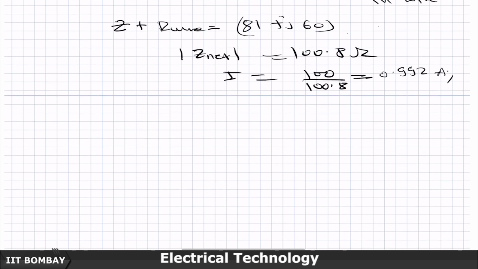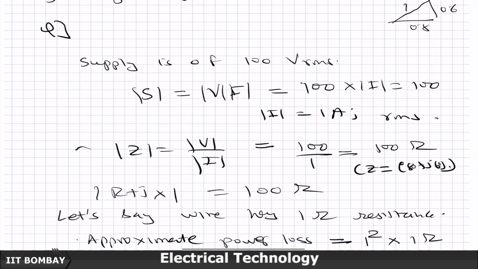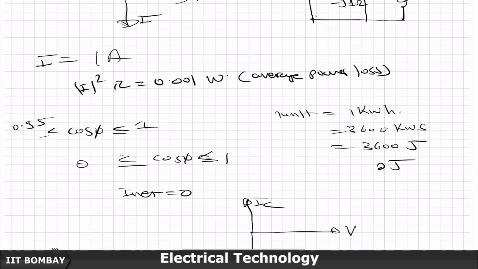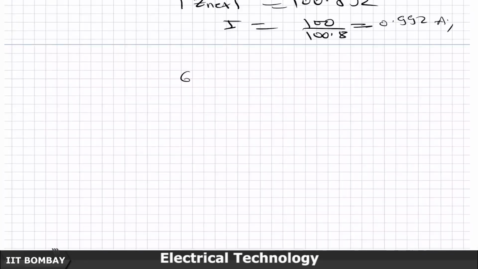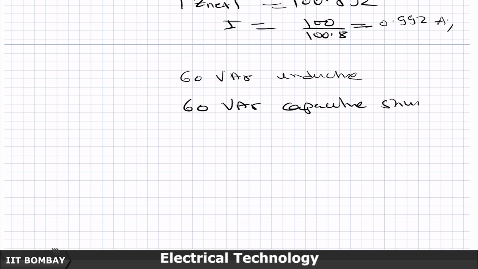Now, I don't want to have that loss. So, what should I do? Ideally, I should put 60 VAR capacitive shunt compensation, because 60 VAR inductive is my load. Suppose I put 60 VAR capacitive shunt compensation.